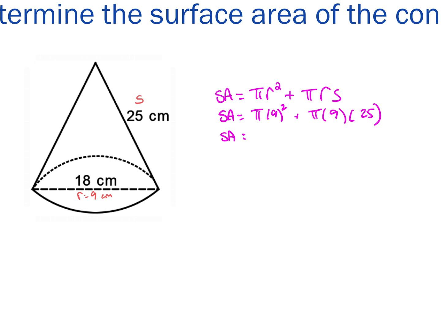Order of operations comes into play here. Of all the things that you see here, what comes first? We've got exponents, that's right. So what's 9 squared?